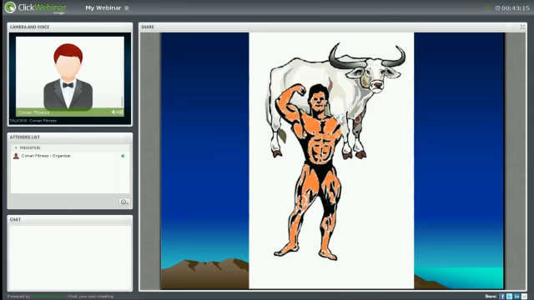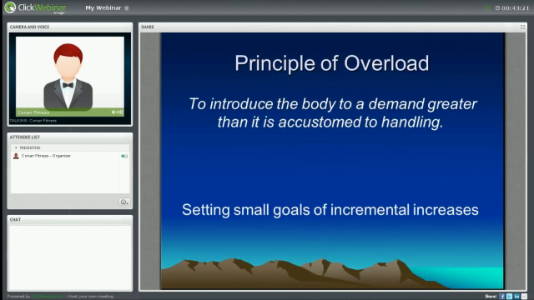Now, what I like about this story is that it perfectly depicts the principle of progressive overload. And progressive overload is where we introduce the body to a demand that's greater than what it's accustomed to handling, but it has to be gradual. That's why it's called the principle of progressive overload, to gradually introduce the body to a greater demand.